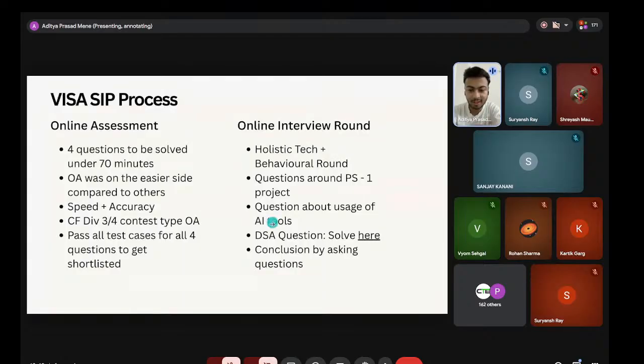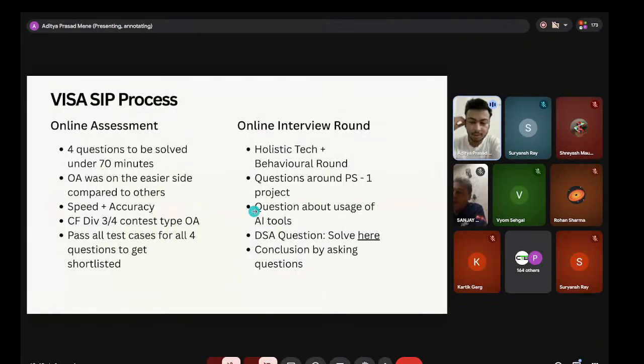Then, questions about usage of AI tools. I remember distinctly that my interviewer asked, how do you integrate or incorporate AI tools in your daily workflows? Do you use them? Which ones have you used? This was 1 year ago, when the good plans like ChatGPT Go or Gemini Pro were starting to get rolled out for students.